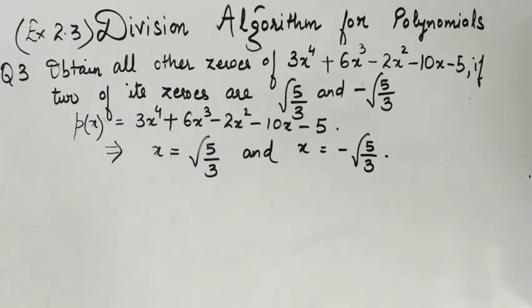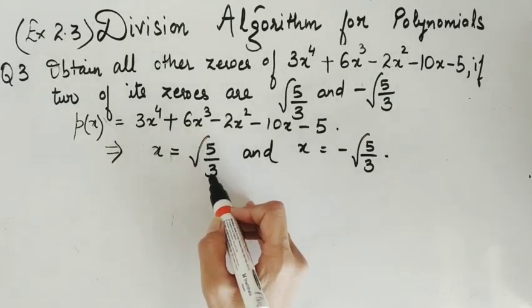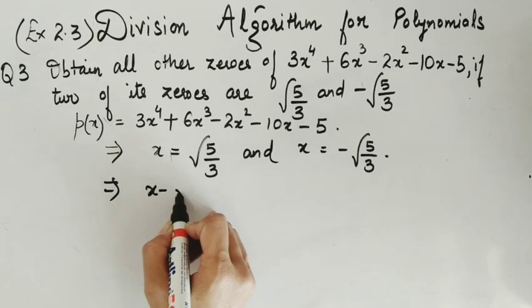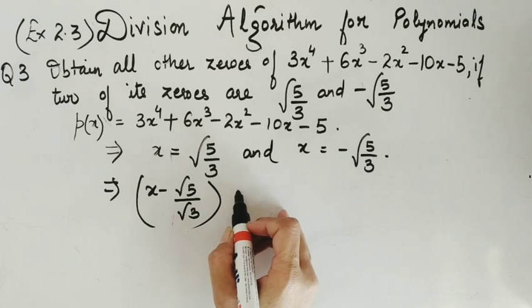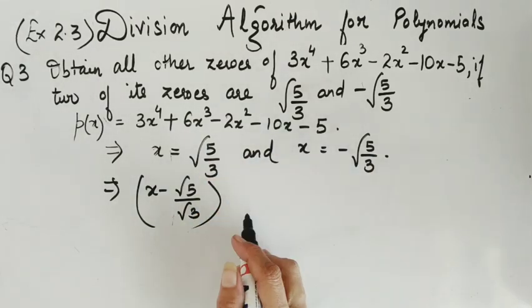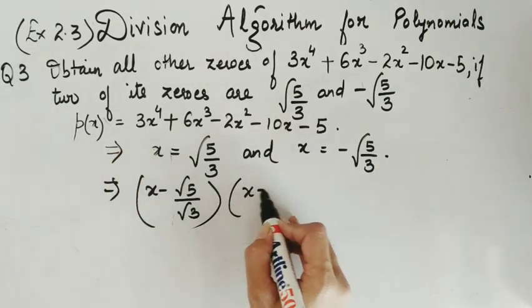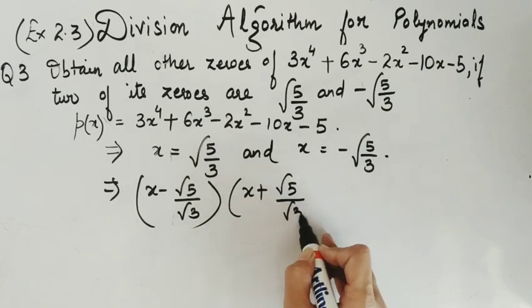And if again I'm referring to the previous year's concept, factor theorem, if I say x which is root 5 by 3 is its zero, that implies x minus root 5 by root 3 is a factor. And if this is a factor, this would also be a factor, and if these two are factors, their product would also be a factor. So this is how it becomes.